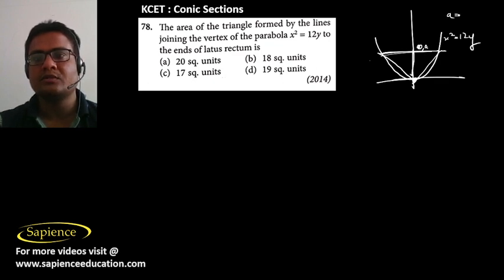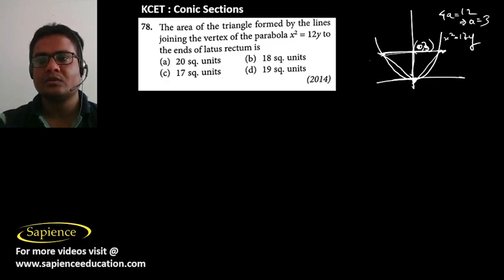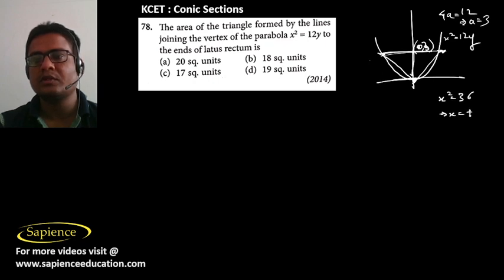So here a is how much? 4a is 12, so a is equal to 3. So the focus is at 0 comma 3. If we put y equal to 3 here, then x square will be equal to 12 times 3, which is 36. So x equal to plus or minus 6. So this point is minus 6 comma 3 and this point is 6 comma 3.